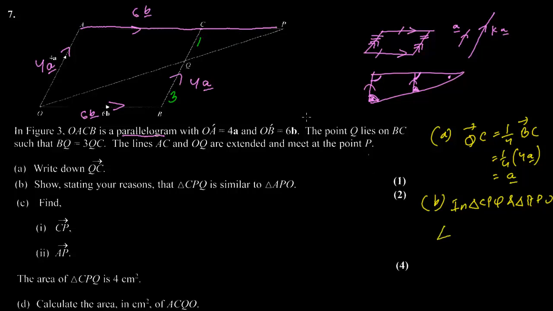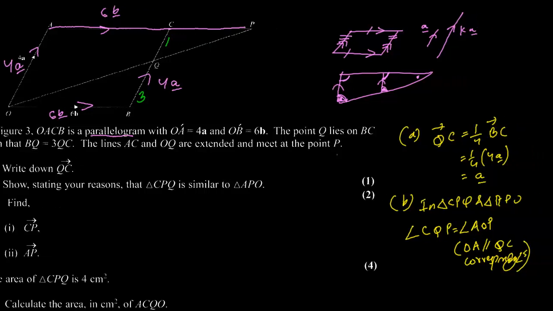We can say that angle CQP equals angle AOP. They are corresponding angles. So you can write OA is parallel to QC, so corresponding angles. So that's the first rule.